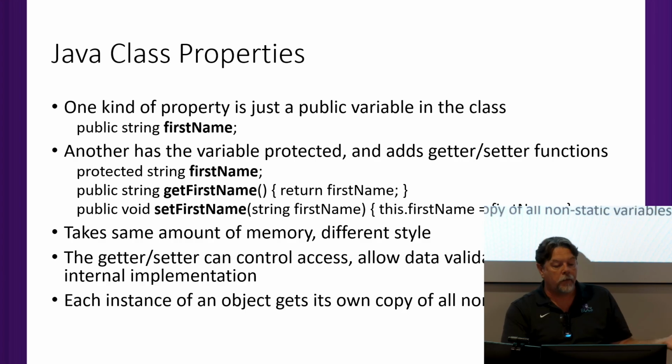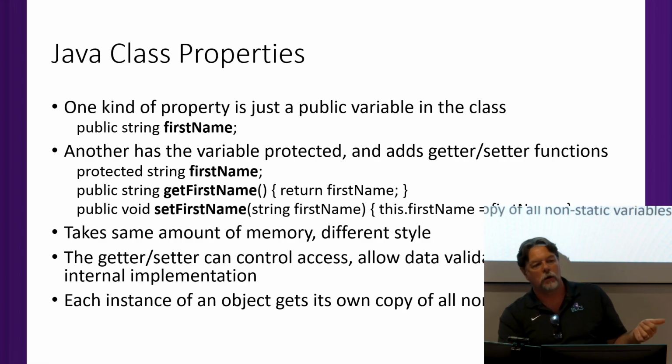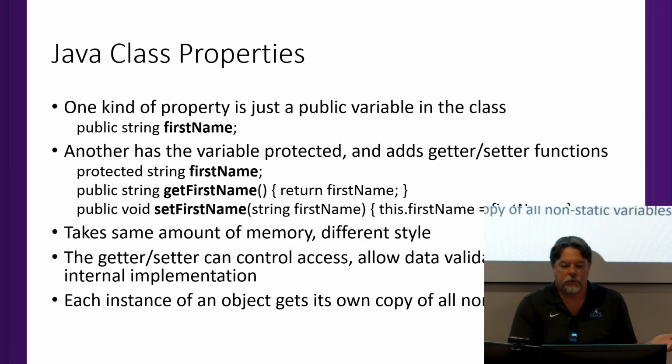So another way that I can implement properties or attributes of a class is this pattern where I make the variable inaccessible to people using the object, like you saw me do, and then I create what we call a getter or setter. And I think the book uses the term mutator and accessor, but they're just synonyms for the same thing.